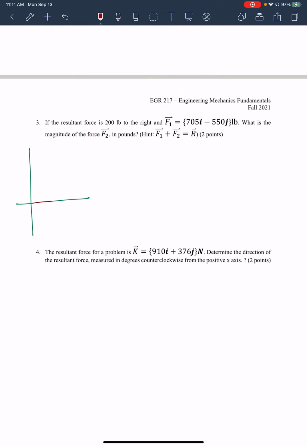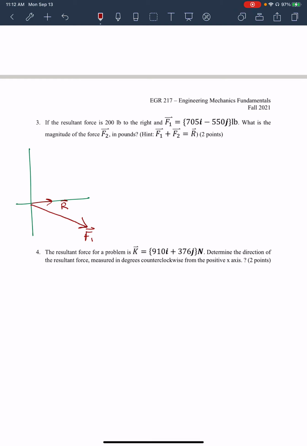The resultant force is 200 pounds to the right, and F1 is 705i minus 550j. And we want to find F2, and we don't know anything about F2. We want to know the magnitude of F2.